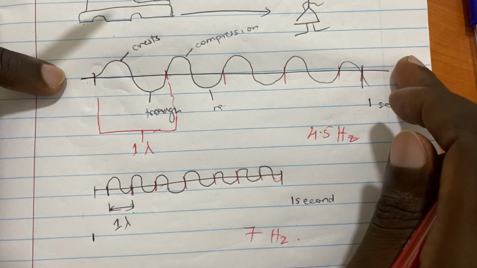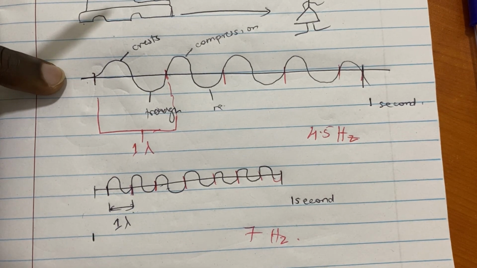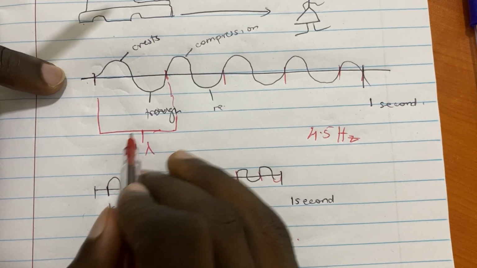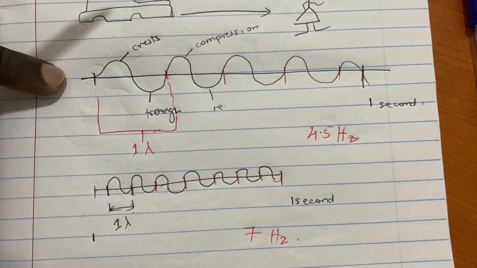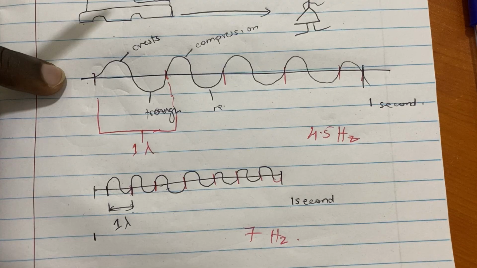Which one has a longer wavelength? The longer the wavelength, the lower the frequency. The shorter the wavelength, the higher the frequency.